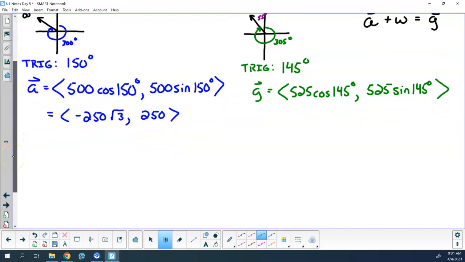Which gives me vector G as negative 430 and 301. Agree with those two numbers? Okay.